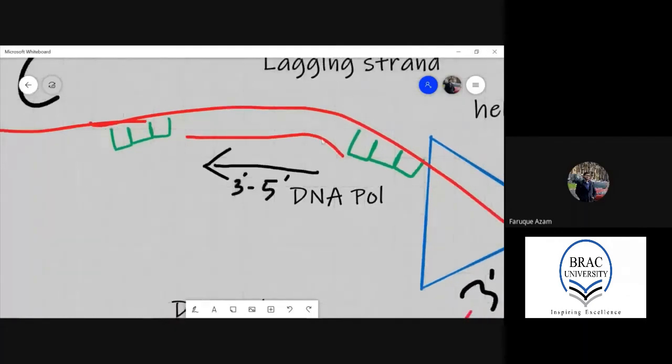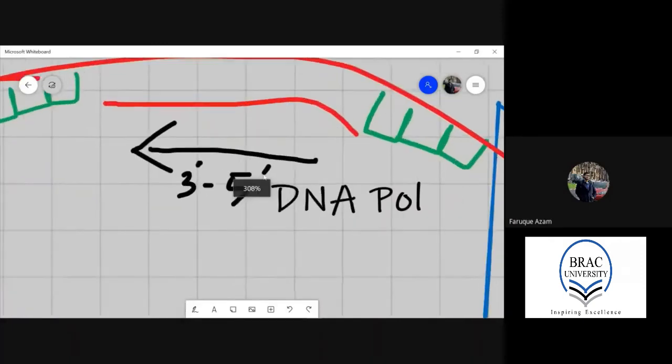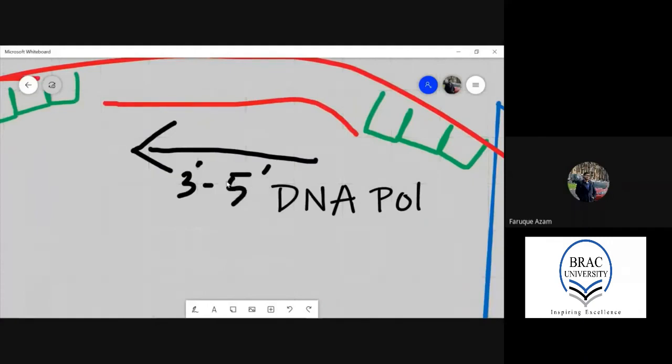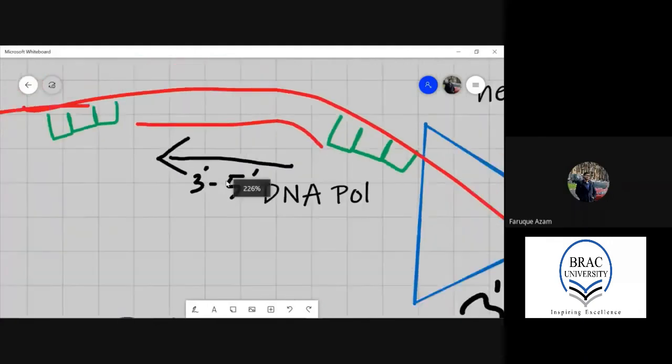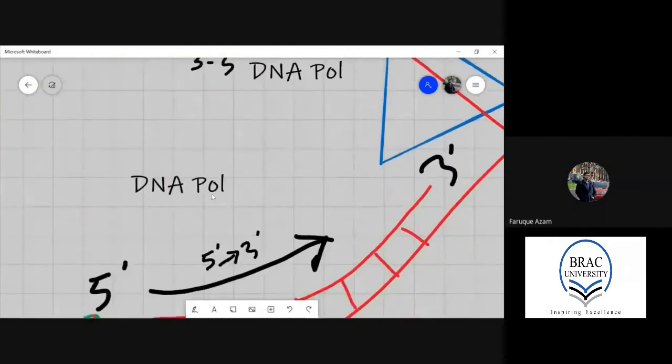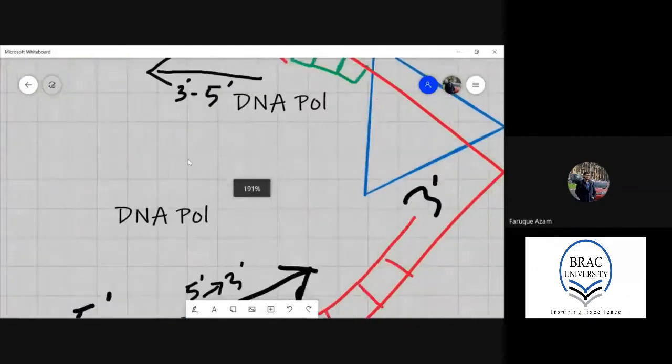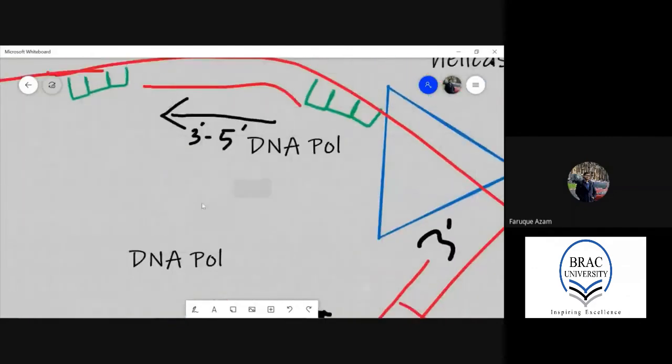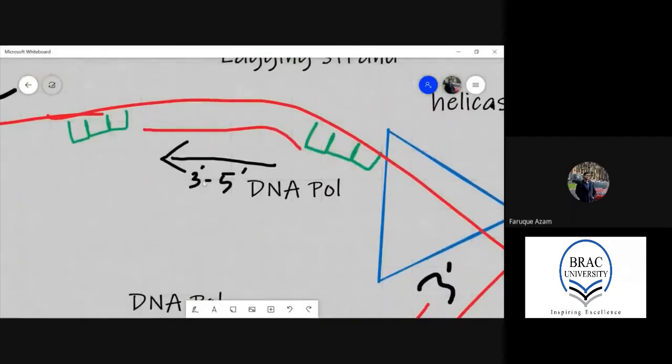If that is a daughter strand, the 5 prime will be this side and the 3 prime will be this side. That will be the synthesizing direction. The synthesizing direction will be opposite. Sorry. If we are telling here the synthesizing direction, then this one will be opposite.